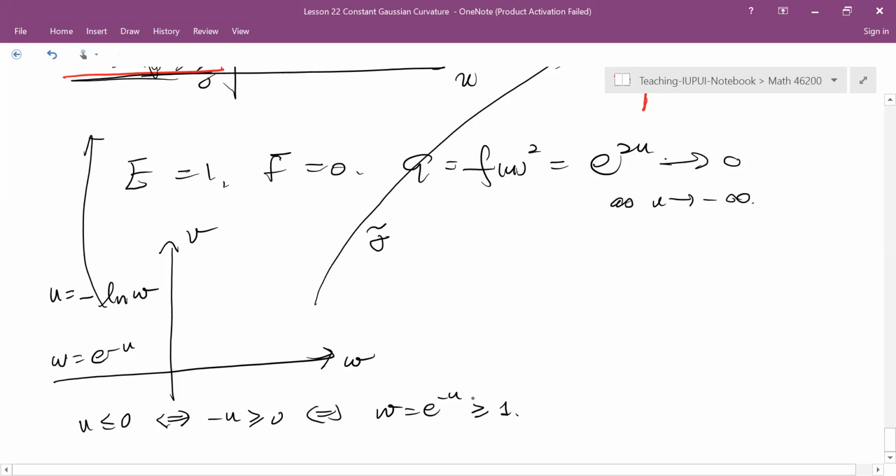When u goes to negative infinity, w goes to positive infinity. So what I got here is this region.